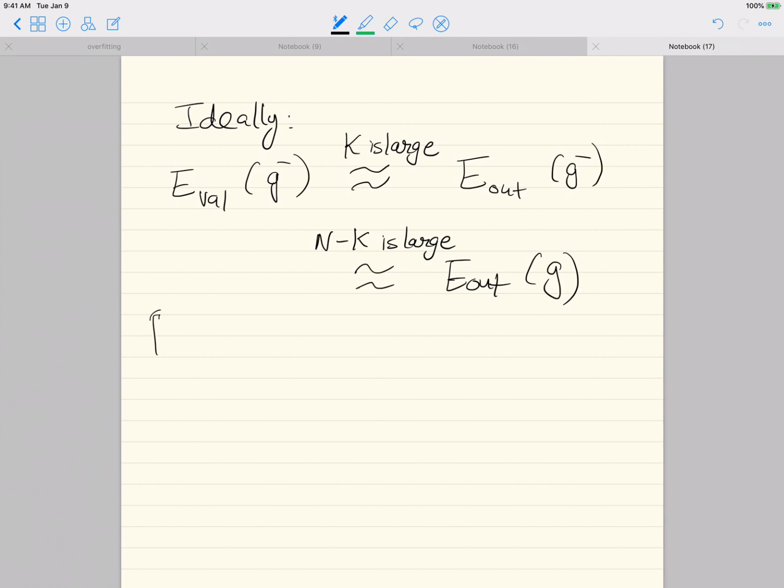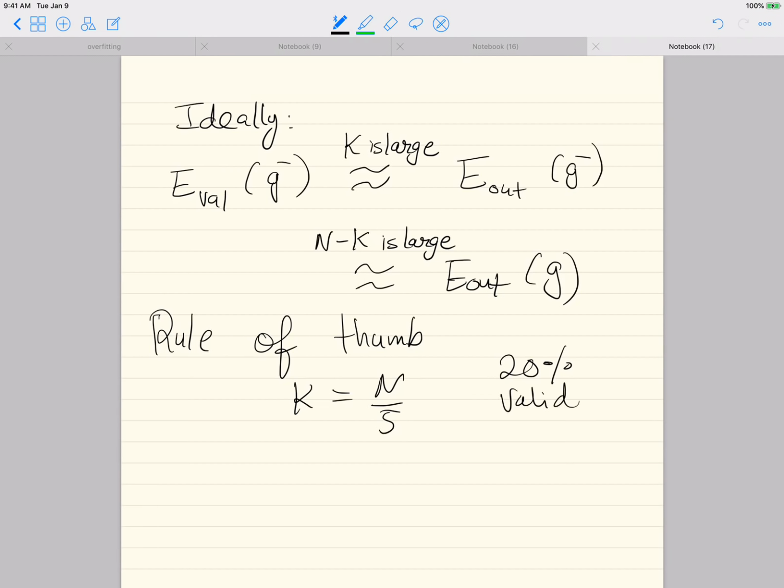And a typical rule of thumb, which is often used, is to take K to be N over 5. So you use 20% for validation and 80% for training. It's not always the case, but it's a good rule of thumb. This is a reasonable practical choice people make.